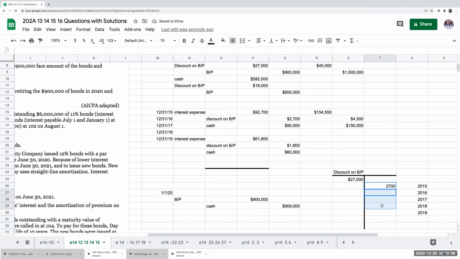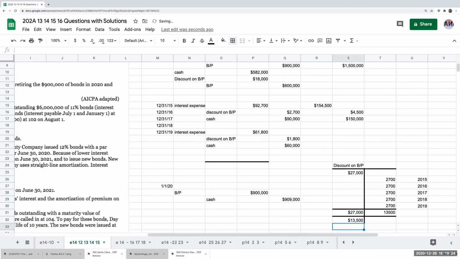So at the end of 2019, right before I did my bond redemption, my unamortized balance of the discount on bonds payable is 13,500.